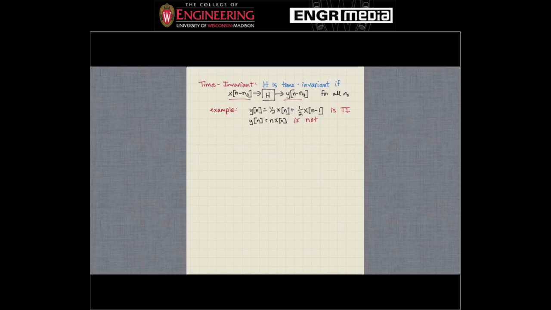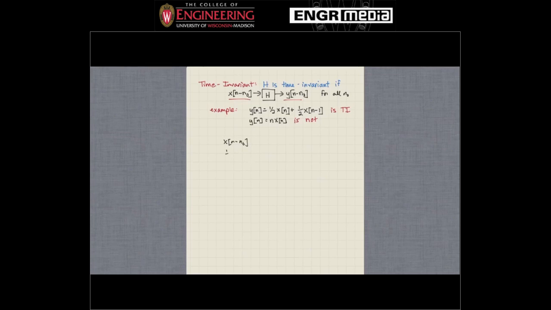So an example of two things, one that is time invariant and one that is not time invariant, is, again, that moving average filter. If we take the input-output relationship, y of n is 1/2 x of n plus 1/2 x of n minus 1. Equivalently, if we put in the signal x of n minus n naught into that system, what will we get in the output?